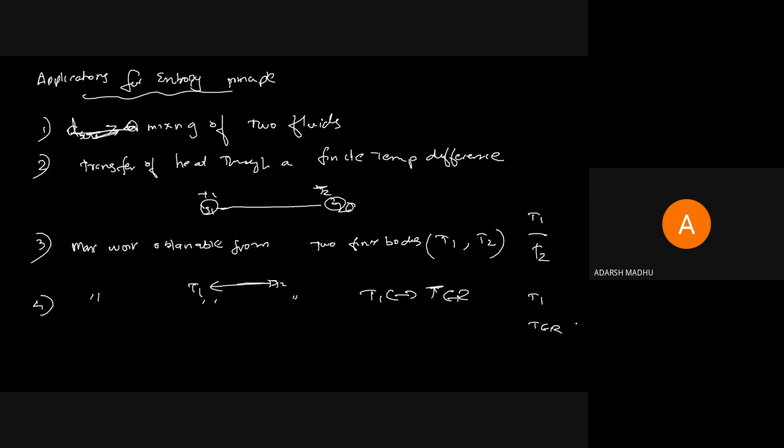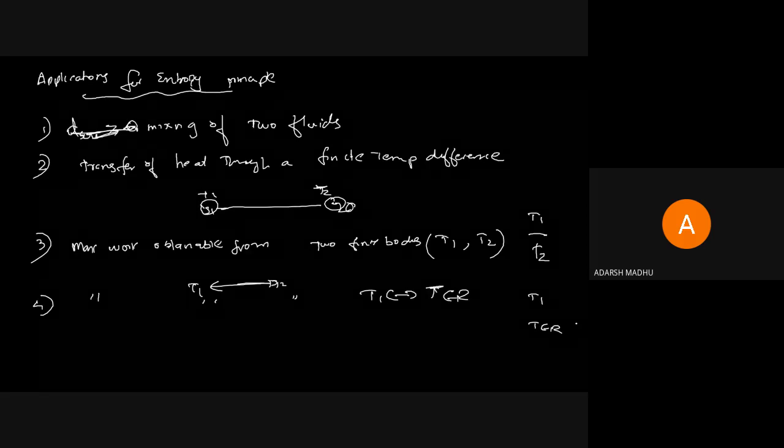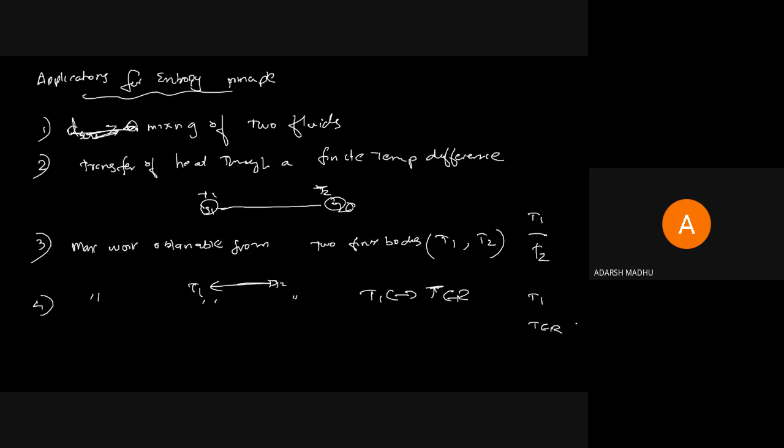So these are the 4 examples or applications of the entropy principle. First one is mixing of two fluids. For mixing of two fluids, the entropy value will never become negative; it is always greater than or equal to 0. The second is transfer of heat across a finite temperature difference.